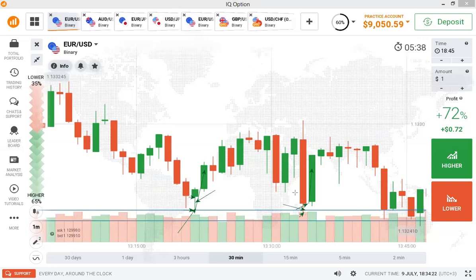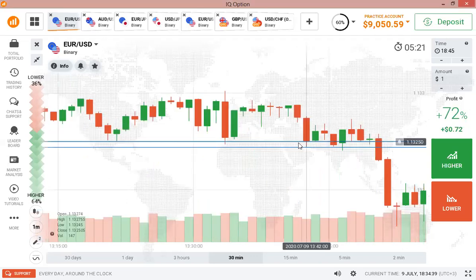That means at this time, the buyers are losing their strength. Previously, they came in very strongly. Now they lose their strength. At this time, we should focus that buyers are going to stop holding the level.